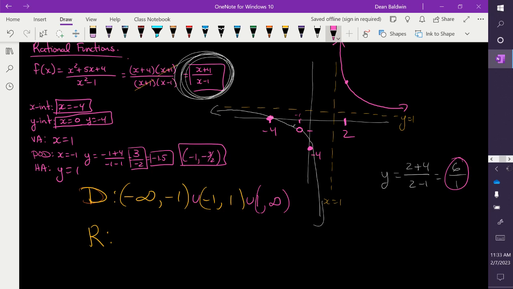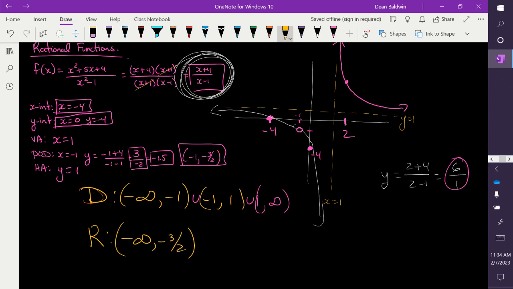All right. What's the range? What's the lowest y value? Negative infinity. So we come up. What's the y value there? -3/2, right? Where was it? Right here. Okay. So it's negative infinity to -3/2.